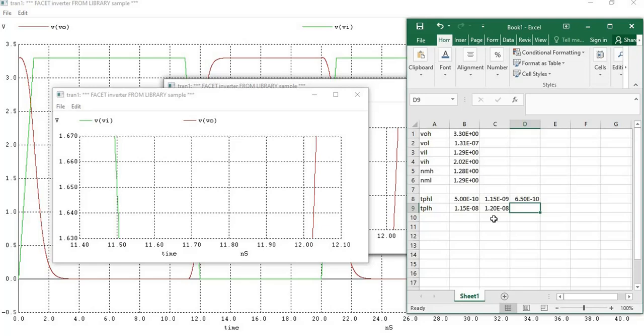So TPLH would be this value minus this value, 5.25 e to the negative 10.